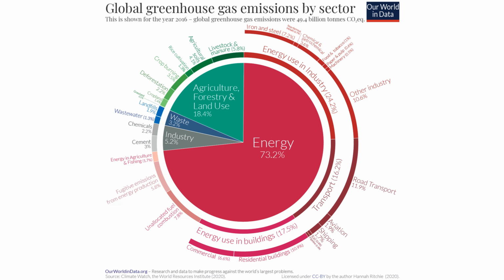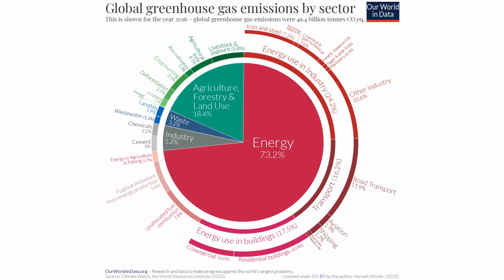Looking at Our World in Data, we would understand that electricity, heat and transportation make up 73.2% of total global greenhouse gas emission by sector in 2016, sorry. And in all of these, energy use in industry accounts for 24.2%. Within this sector, we can see iron and steel, chemical and petrochemical, food and tobacco, non-ferrous metal, paper and pulp, machinery, and other industries.